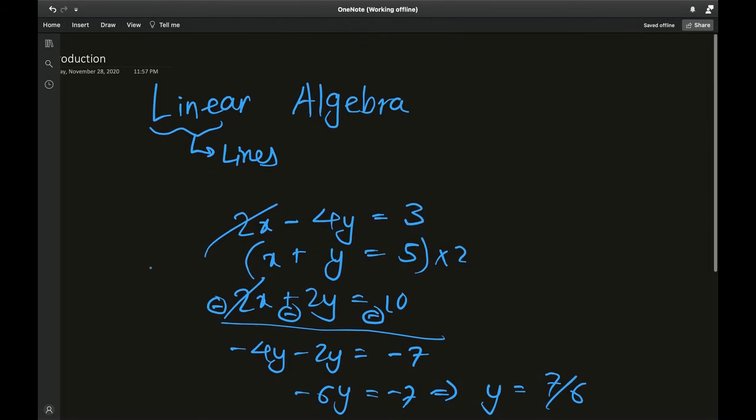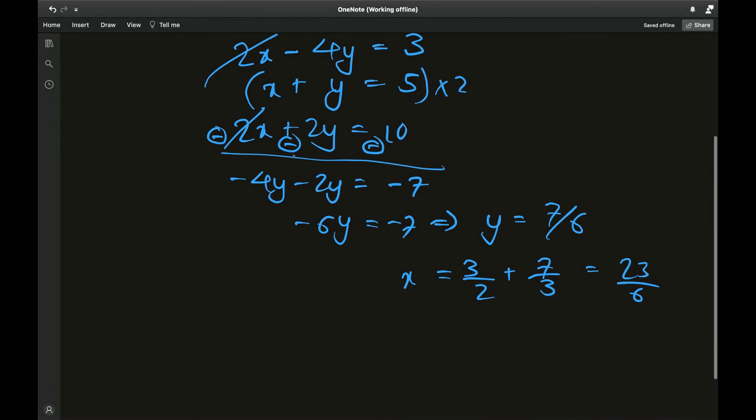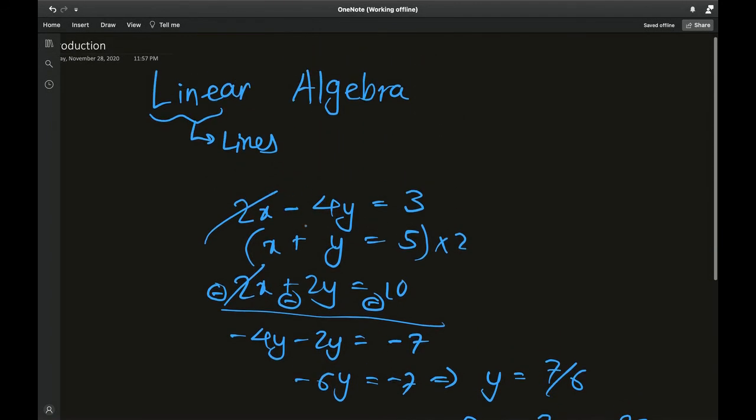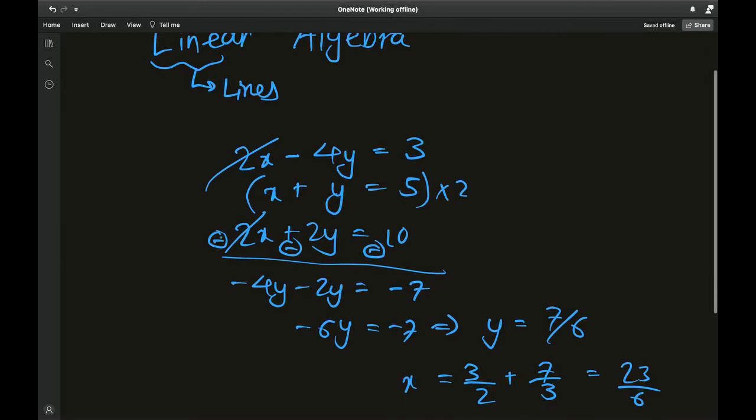Okay, solving this was not the main goal, but it's about generalizing this process. So notice how we multiplied this equation to match coefficients and then subtracted that from the top equation.